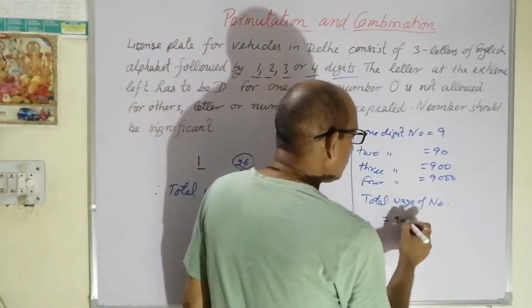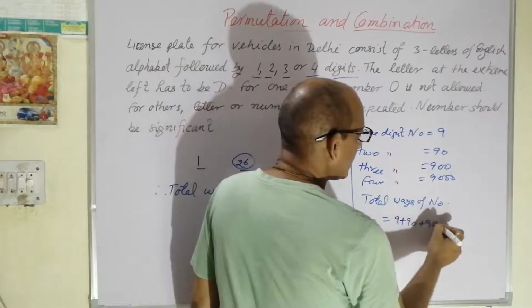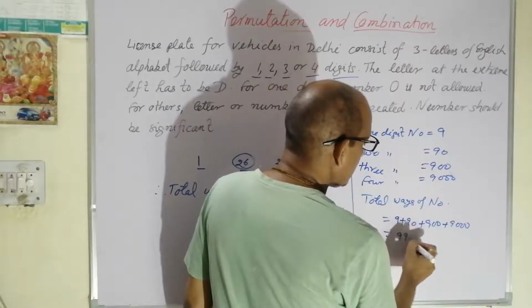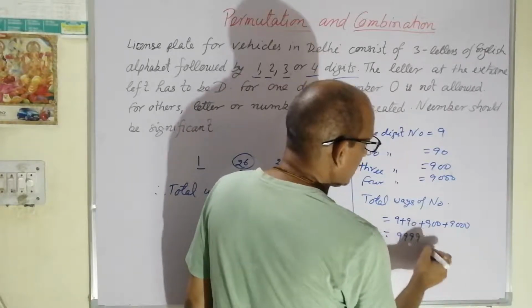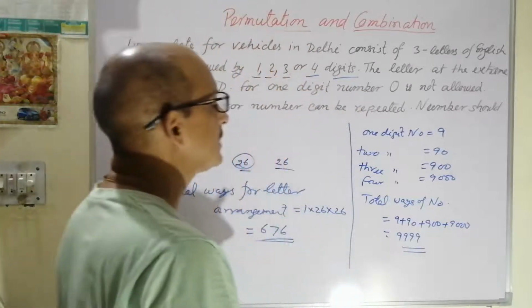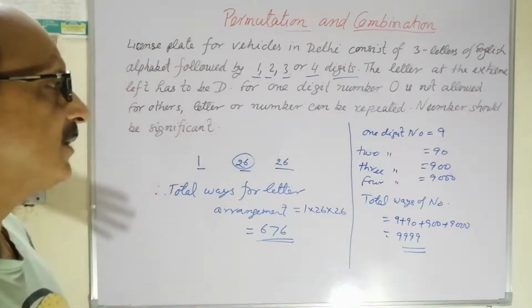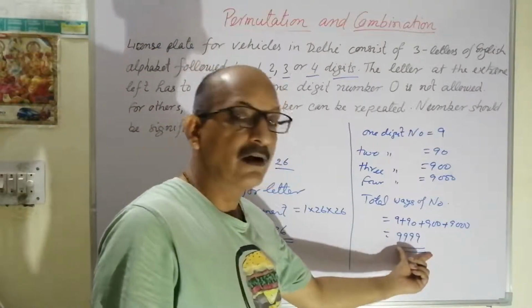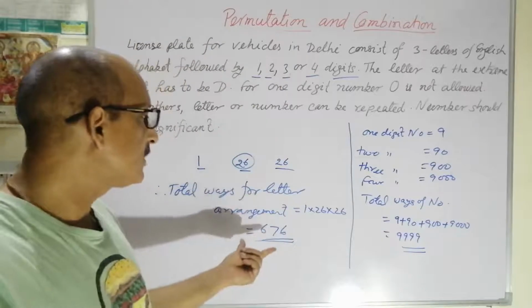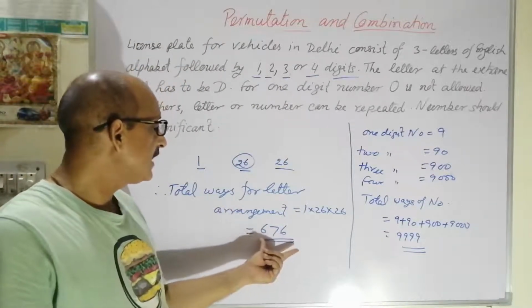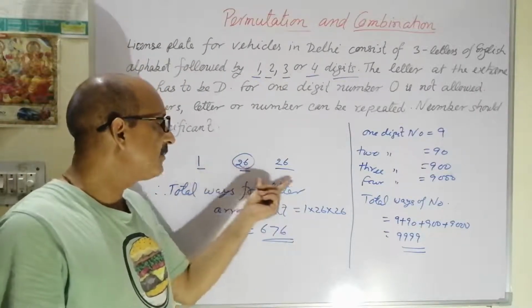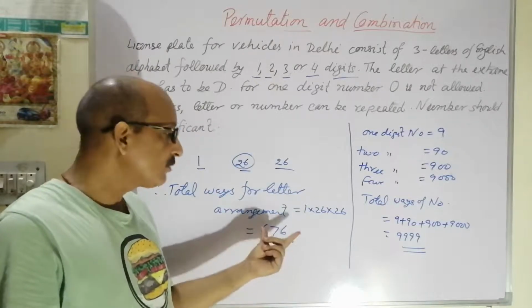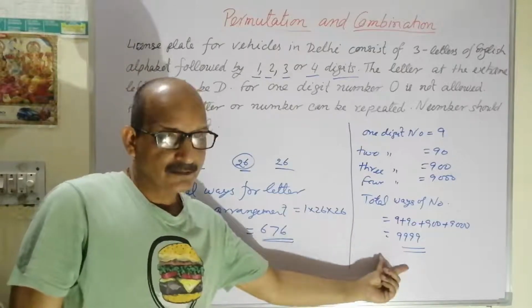Addition. So 9 plus 90 plus 900 plus 9000, that is 9999. So the total number of ways in which numbers can be arranged is 9999. Also the total number of ways in which letters can be arranged is 676.